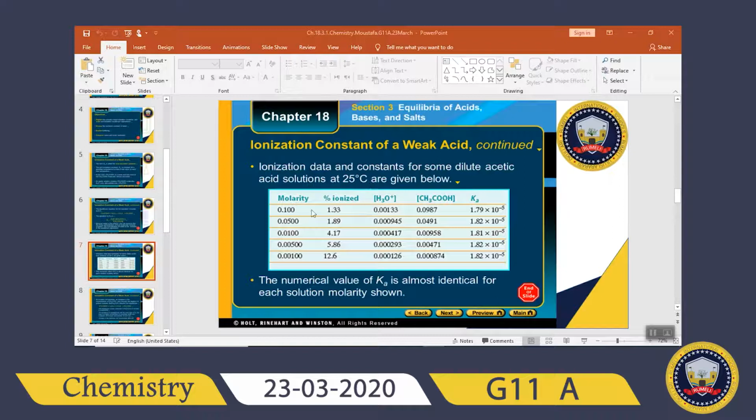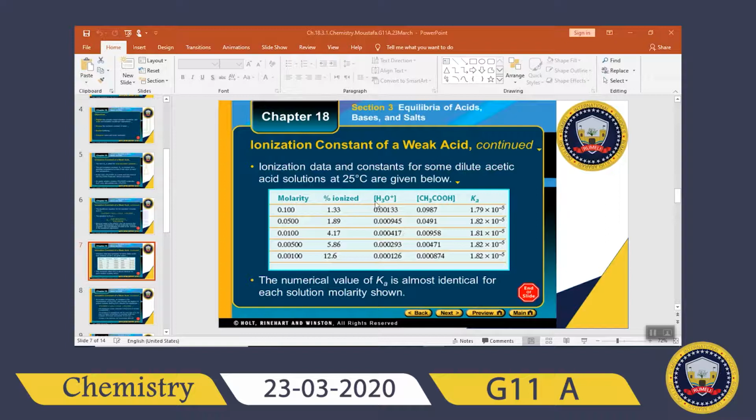are given below. Now the molarity, which is the concentration, decreases down the table, and the percent of ionized molecules increases down the table. Why increase? Because you have a dilute solution, so this dilute solution will facilitate more molecules to be ionized.